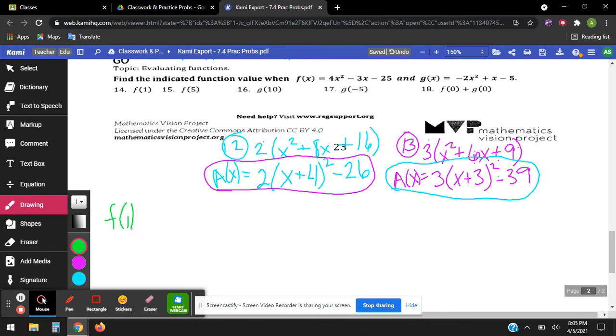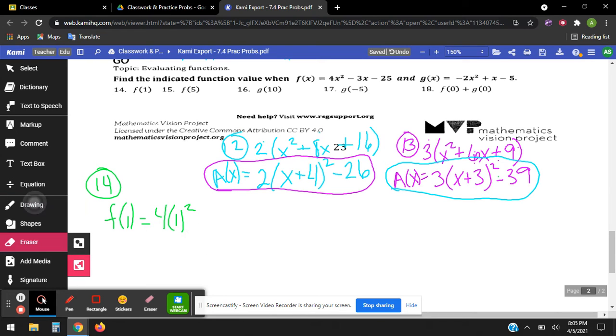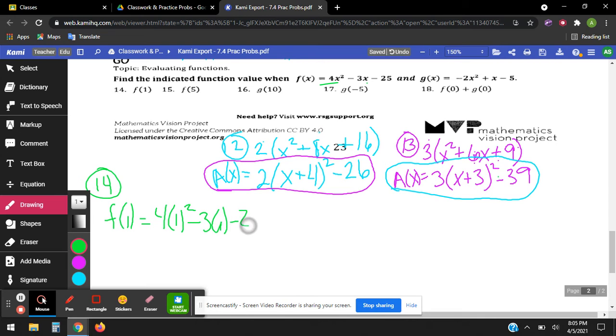So f of 1 equals 4 times 1 squared minus 3 times 1 minus 25. Well, 1 squared is 1. 4 times 1 is 4. 4 minus 3 times 1 is 3, minus 25. 4 minus 3 is 1. 1 minus 25. This would be a negative 24.